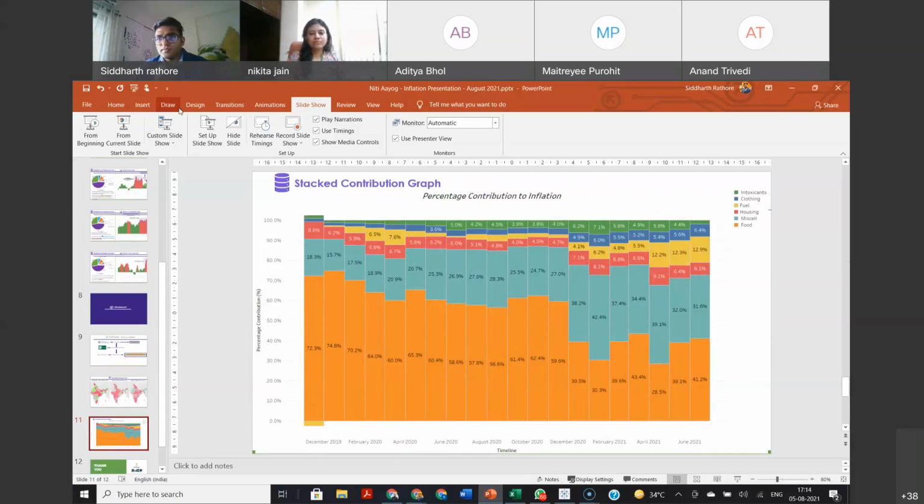Typically food inflation is sticky, and therefore services are most likely to be sensitive to monetary expansion, and hence it might also be throwing light in the direction in which Maitri was pointing out, that there may be contributions coming from the money supply factors as well. So possibly it can be looked at as a part of the analysis as well for the factors. So that's all I wanted to share.